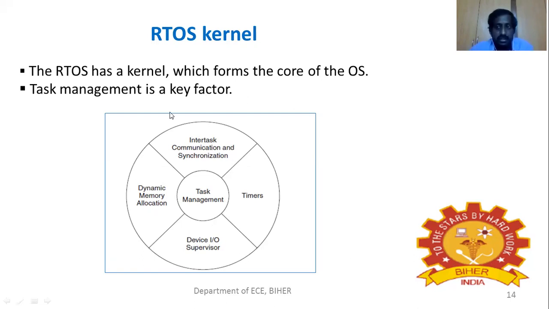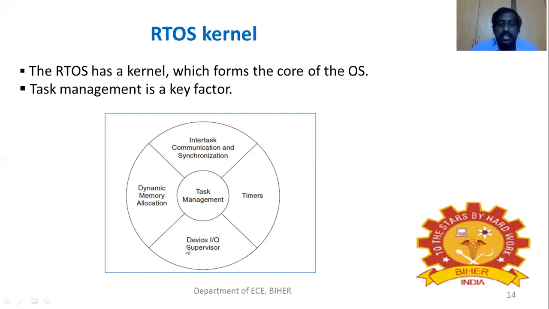So real-time time management is the essential one. Inter-task communication and synchronization is performed by task management, and it deals with various timers, which are used to track the time period and the time delay related to the operation.